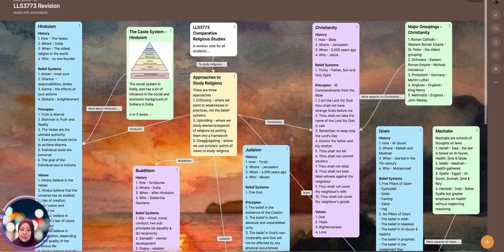Of course, you cannot steal from other people. You cannot tell lies about other people as well, especially your neighbors. The focus here is on the neighbors, number 9, as well as number 10 about neighbors. From number 1 until number 3 about God, and then about your parents. So basically, that's the 10 commandments from the Bible.